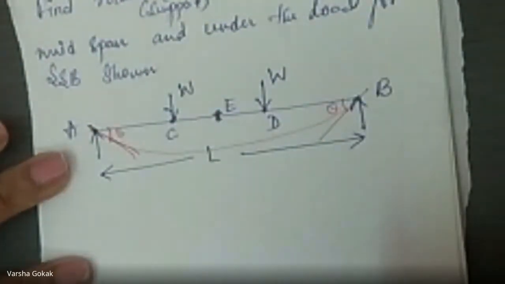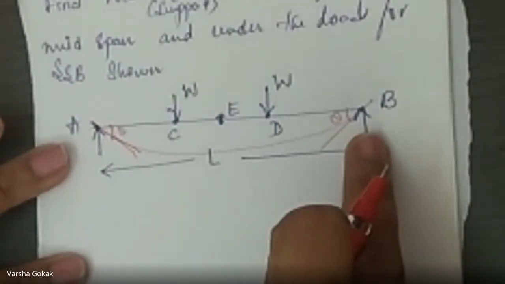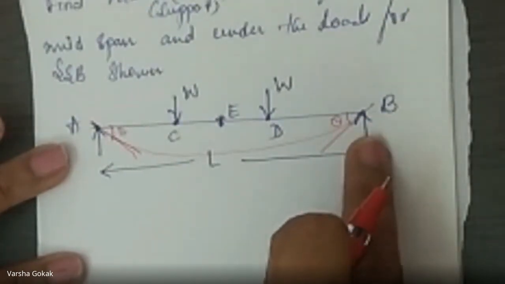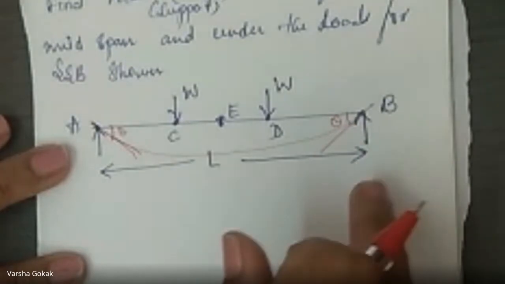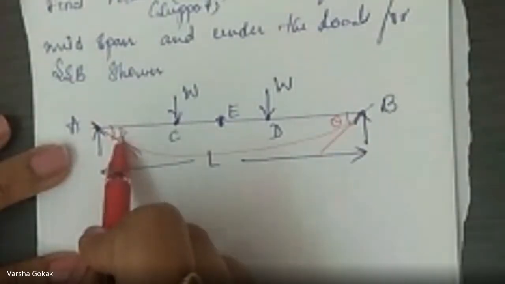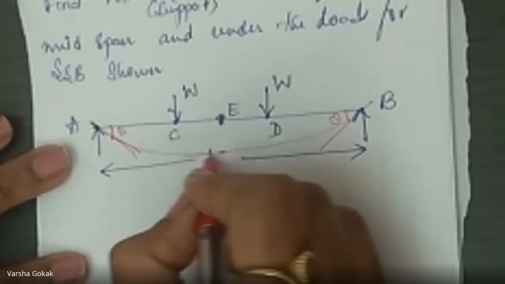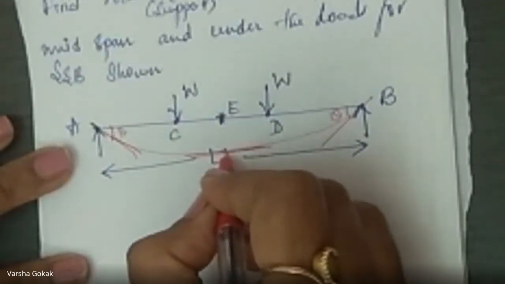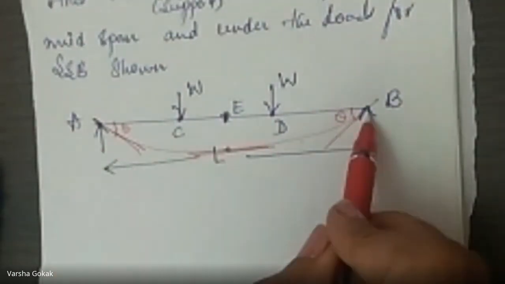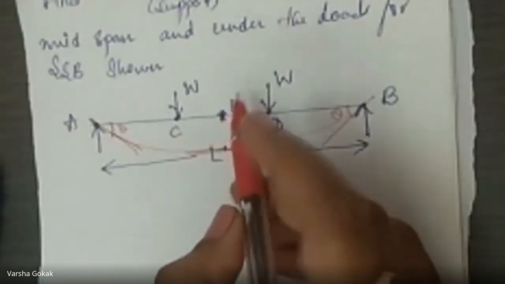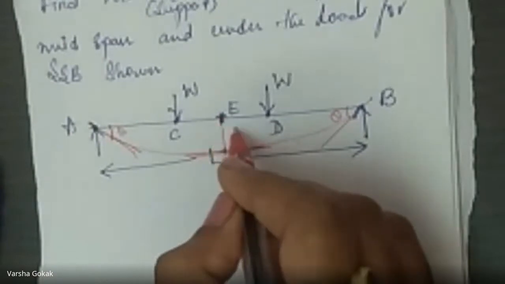To get the theta from the moment area method, we take the area of the bending moment diagram. If I draw a tangent at this other point, will it be possible for me? No. So we have to find the slope at the supports and the deflection at midspan.